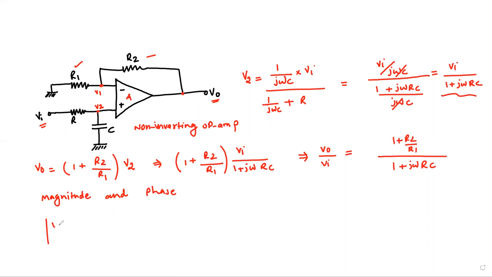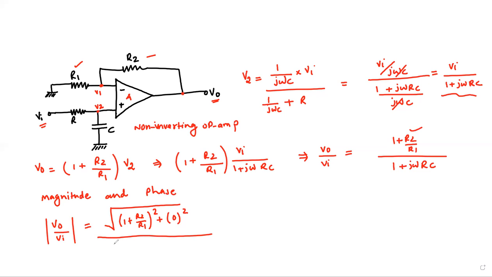So first of all, we'll try to obtain the magnitude, which is the mod of Vo over Vi, which would be computed as, we know that here the imaginary part is 0. So it's the square root of, in brackets, square of real part plus square of the imaginary part, which is 0.